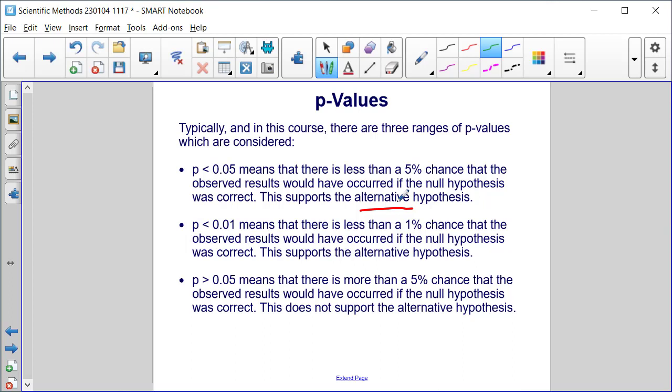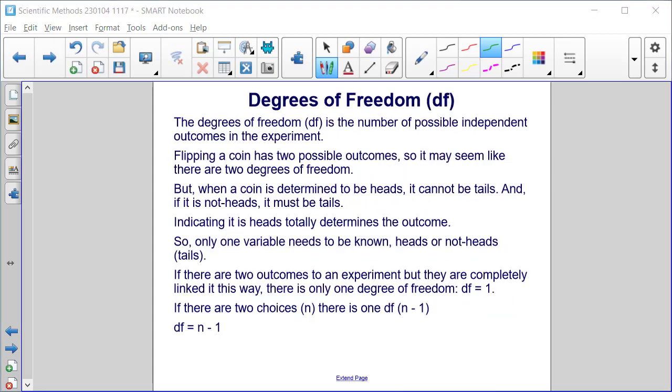This supports the alternative hypothesis. P greater than 0.05 means that there is more than a 5% chance that the observed results would have occurred if the null hypothesis was correct. This does not support the alternative hypothesis.